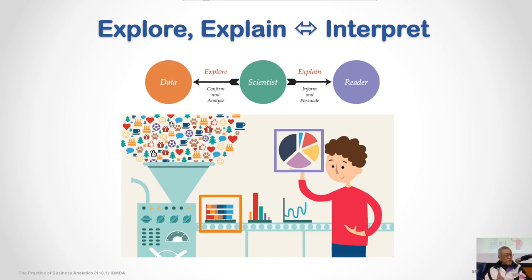But remember that when you are doing exploration, before you explore, you don't really know the result. If I want to compare the trend, maybe they are different, maybe they are not. Before you do the exploration, you do not know it in advance.